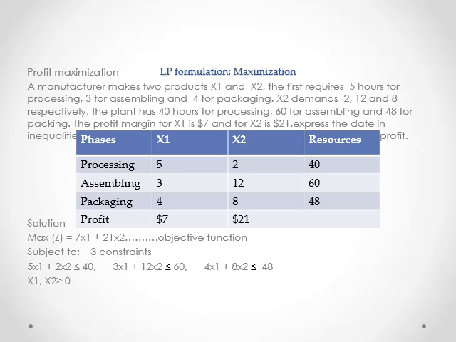Now, let's check the givens and requirement. The givens are: the company produces 2 products, X1 and X2.